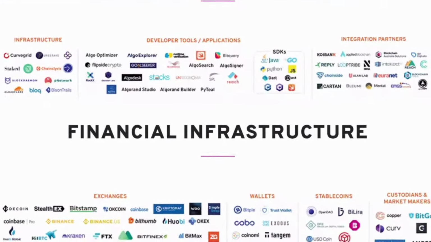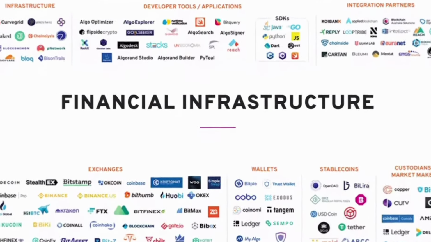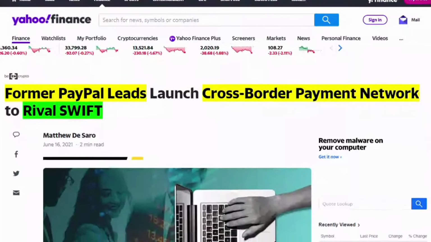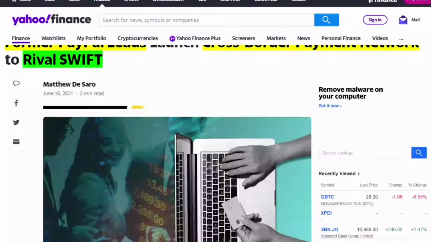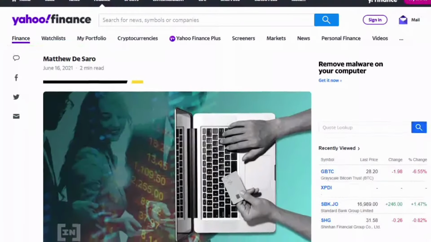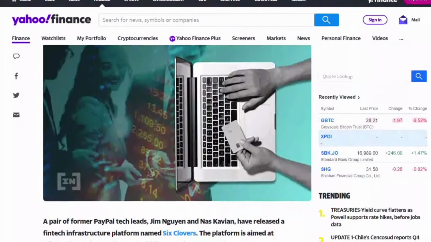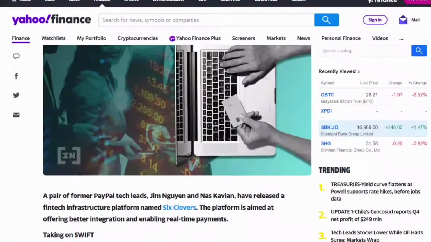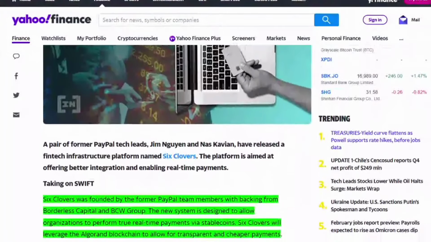Both are members of the Hyperledger Foundation. In addition to this, there already exists a working platform built on Algorand called 6 Clovers. This platform was designed to allow organizations to perform real-time cross-border payments using stablecoins. So, as far as Algorand goes, the relationships are there, but what shines the brightest is the technology potential.